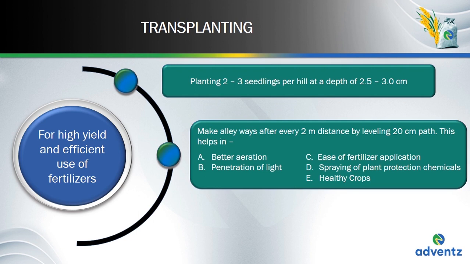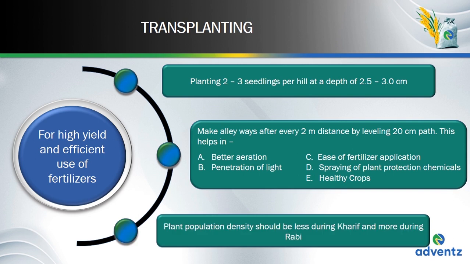This would help in better aeration, penetration of light, ease of fertilizer application, spraying of plant protection chemicals, and will also give us a healthy crop. In general, plant population density should be less during Kharif and more during Rabi.